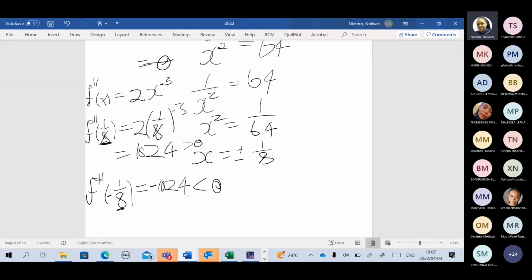Less than 0 is negative, so it means it's a maximum point. Greater than 0 is positive, so it's a minimum point. So we have the max here and the min here.